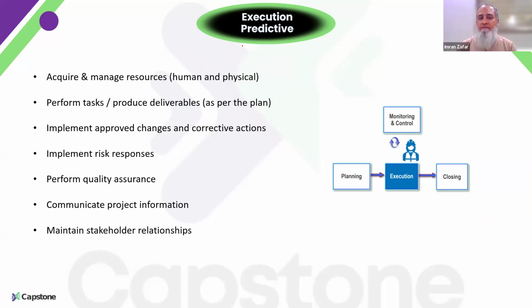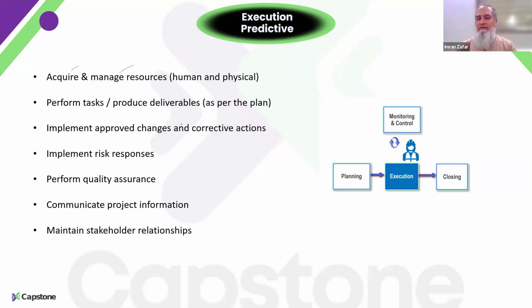Talking about how we execute in predictive methodology. In predictive, we do the majority of planning upfront. So we have the activity list, we have the work breakdown structure, we know what human and physical resources are required. So we acquire them, manage them, we perform tasks and produce our deliverables as per the plan.